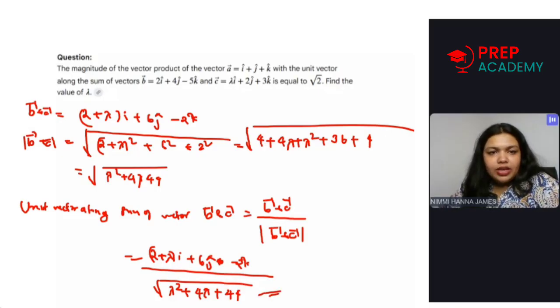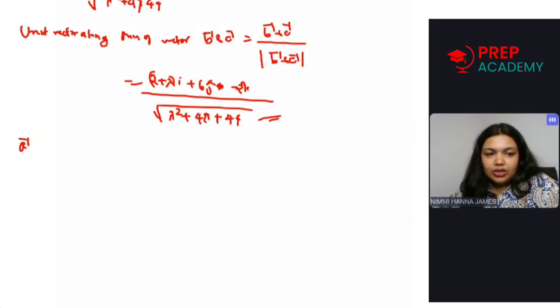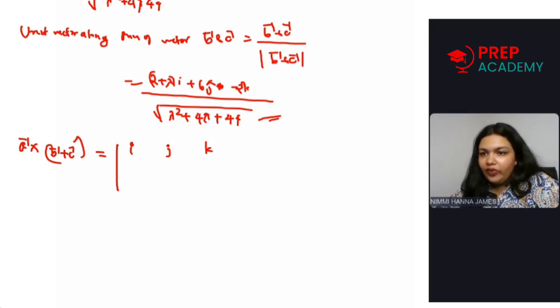Keep it like that. Now we want to find the vector product of A with this unit vector. Okay, we have the unit vector. Now we want to find the vector product with this unit vector, that is A cross this vector. So A vector cross the unit vector of B plus C is equal to, by the determinant method, i, j and k. For the A vector, the i, j, k components are 1, 1, 1.